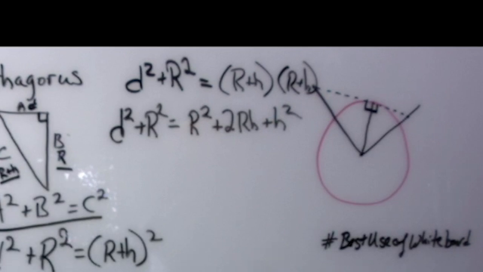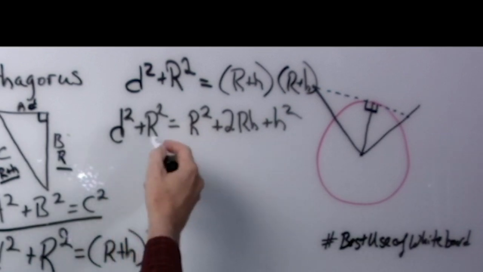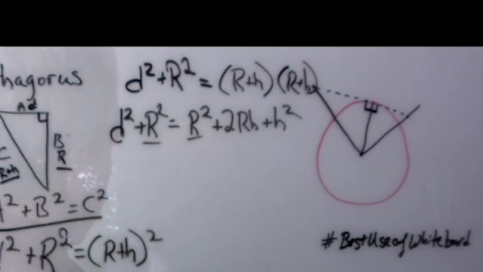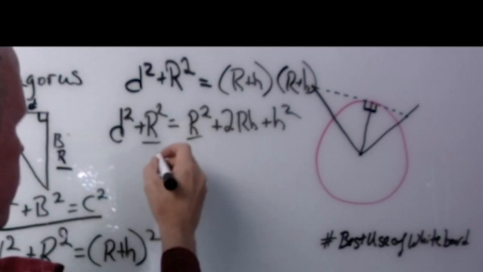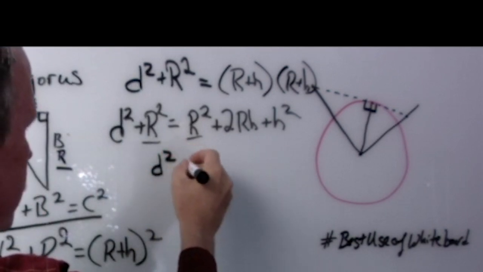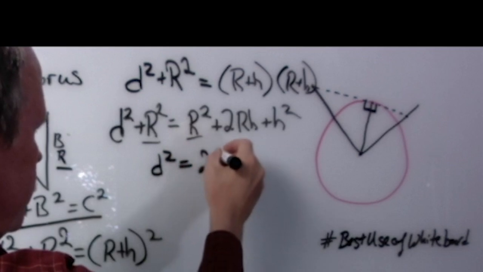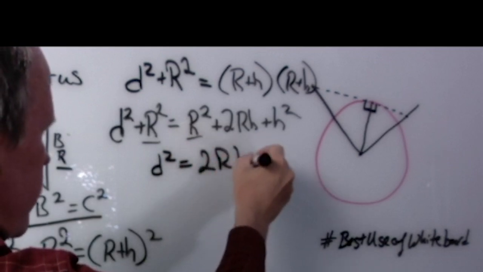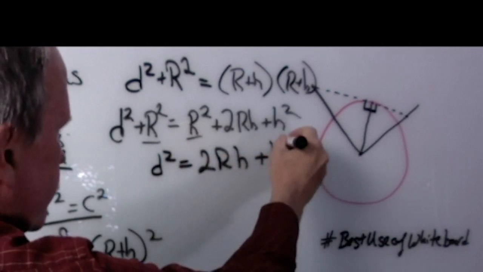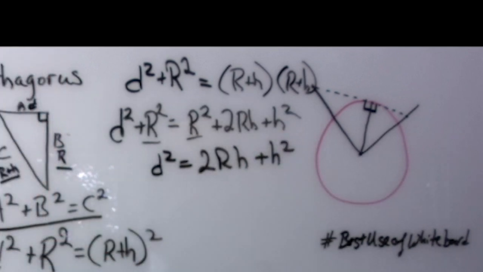Now, we've got something that we can work with. What happens if we subtract R squared from each side? Well, it's pretty simple. We'll get D squared equals 2RH plus H squared. Now, we can solve that even more.